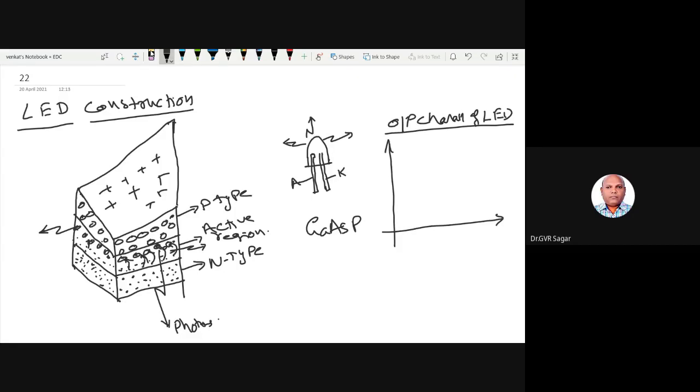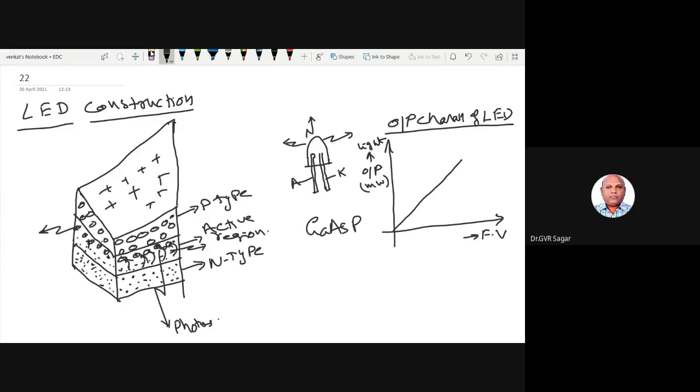So a linear relationship exists. Forward voltage is taken on the x-axis, and here is the light output, in milliwatts.